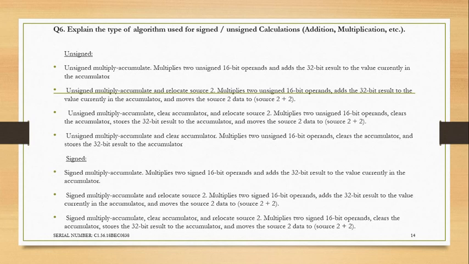Signed multiply accumulate, clear accumulator, and reallocate source 2: multiplies two signed 16-bit operands, clears the accumulator, stores the 32-bit result to the accumulator, and moves the source to data 2, source 2 plus 2.